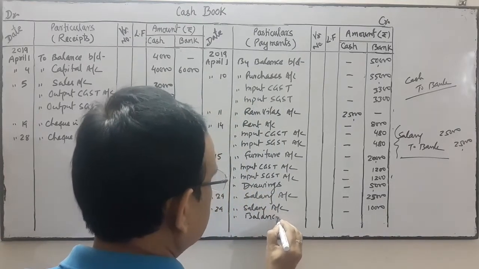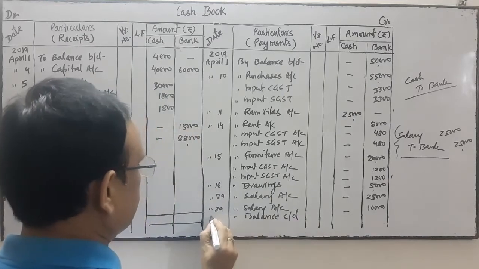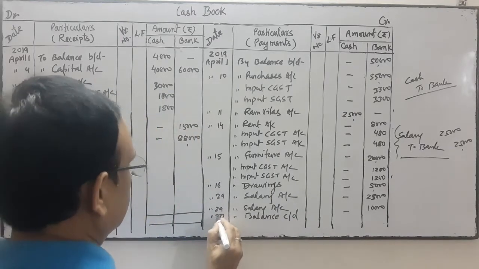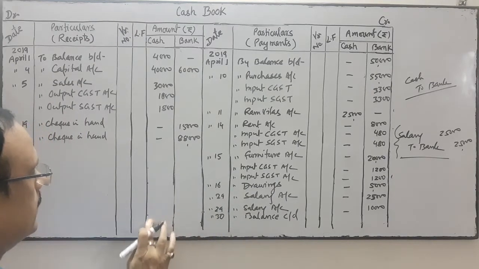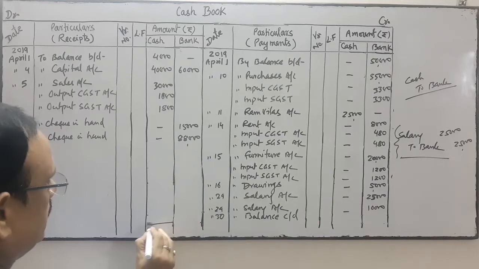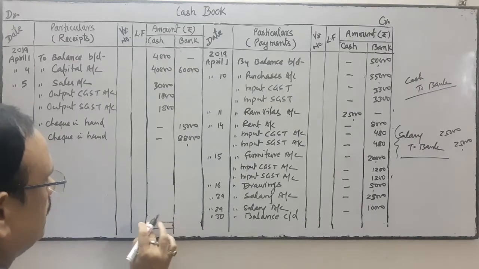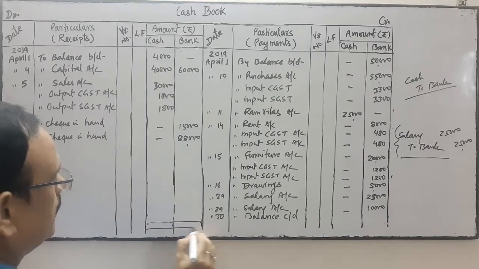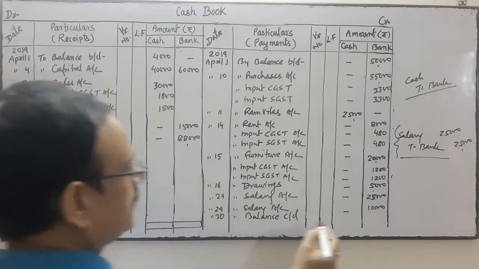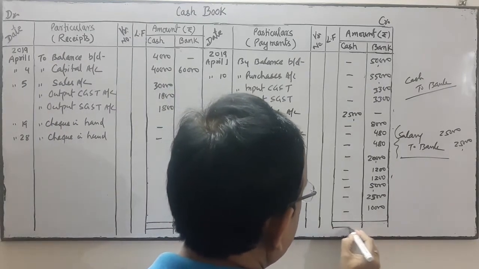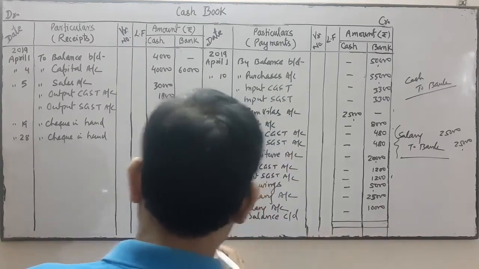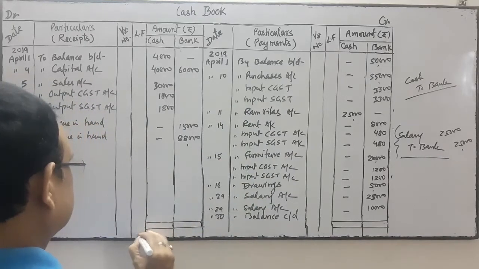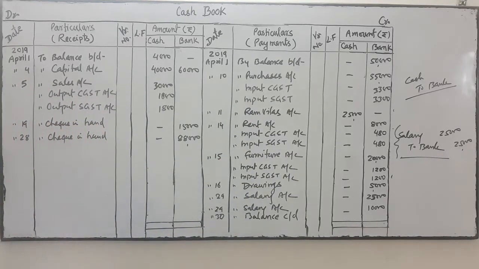If there is a difference, then that difference will be the balance c/d at the end of the month, 30th April.